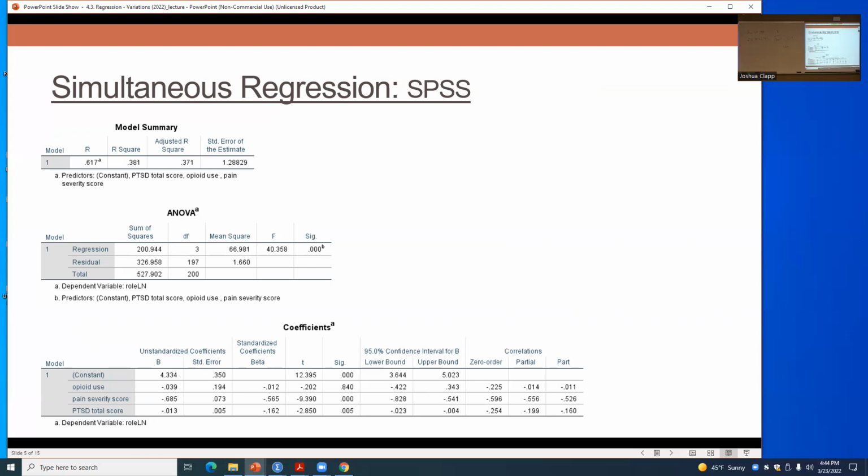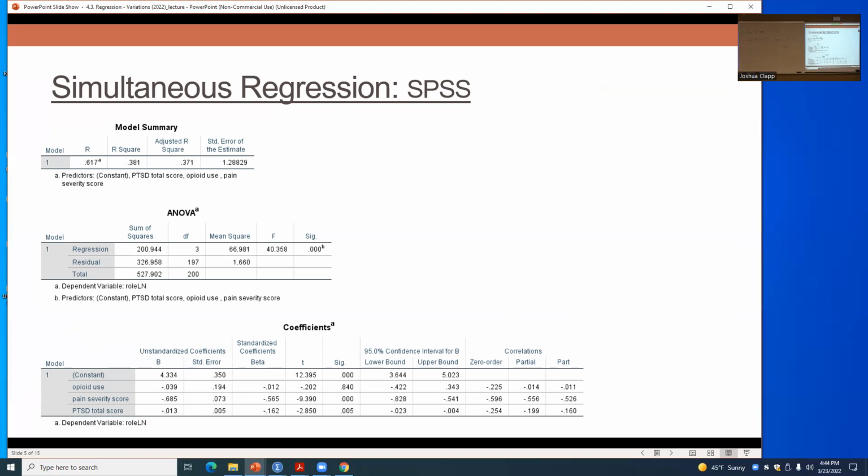So here we go through and we have our unstandardized coefficients, our standardized coefficients. What are we seeing from our standardized coefficients? Elizabeth, which one of these is really our strongest predictor, at least in this model?